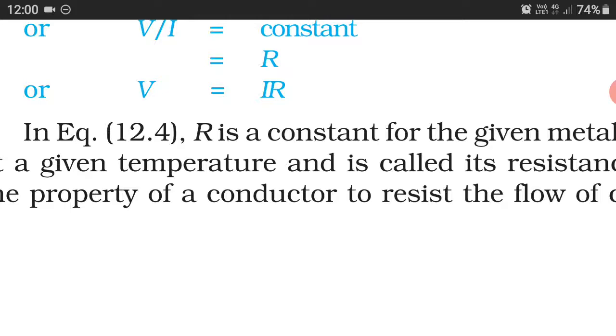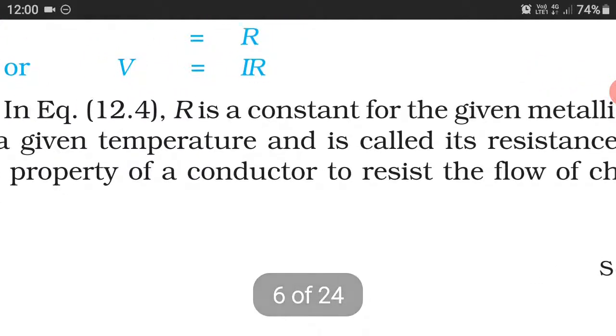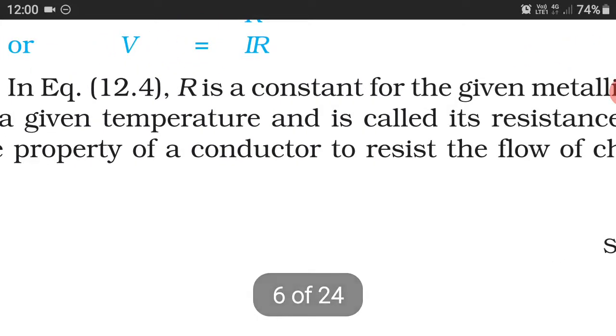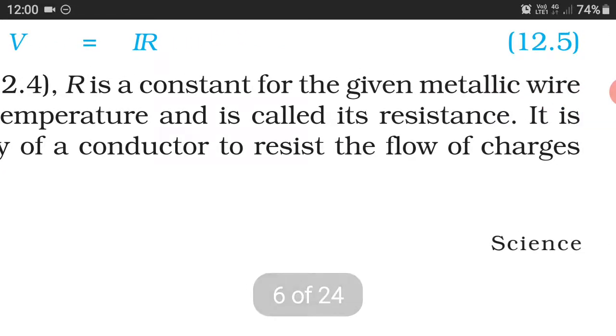What is R? R is the constant for a given metallic wire at a given temperature and is called its resistance, and it is the property of a conductor to resist the flow of charges through it.